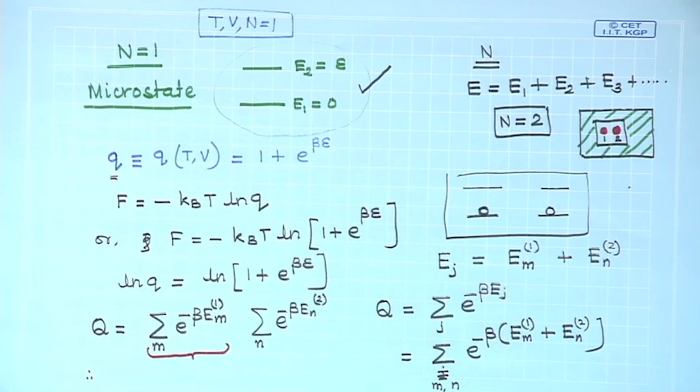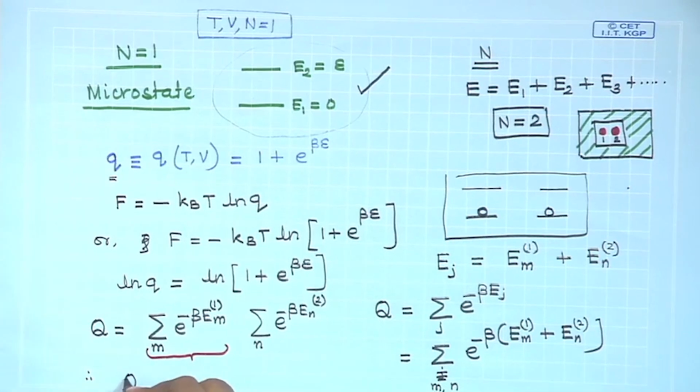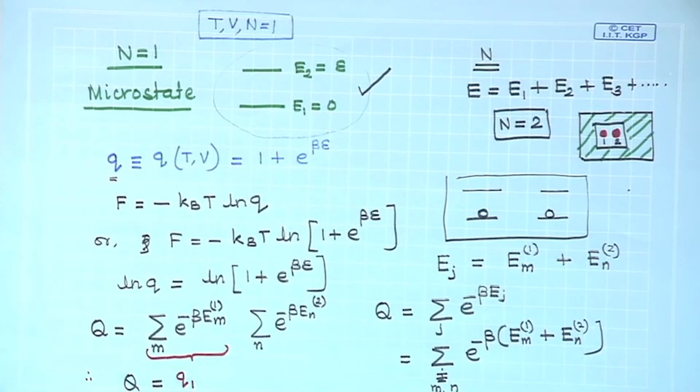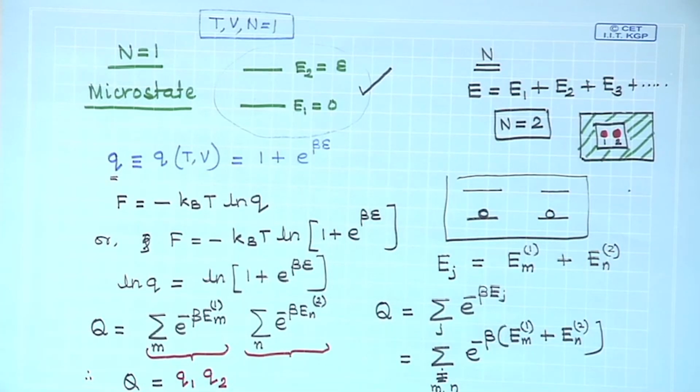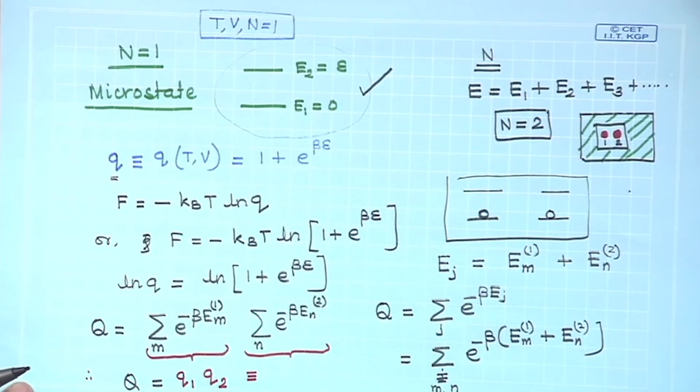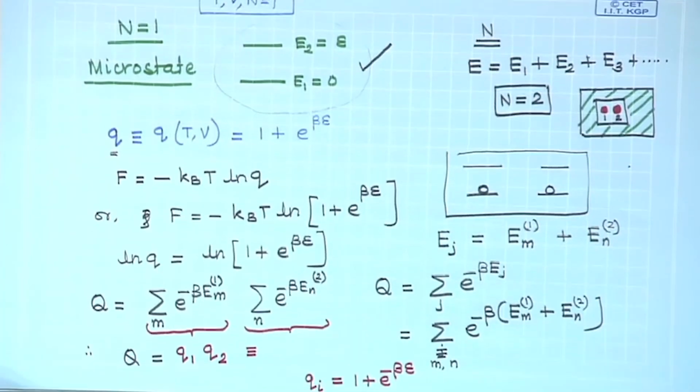So, I will be able to write that capital Q is equal to small q 1, multiplied by small q 2, corresponding to particle 2. But if their underlying microstates are the same and they are not interacting with each other, then any of these q i's is nothing but 1 plus e to the power of minus beta epsilon.